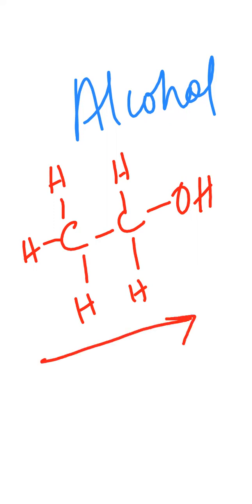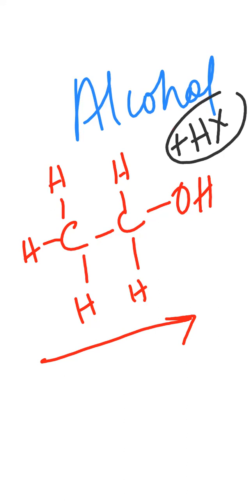I am reacting this alcohol with HX. X means halide. X could be chlorine, bromine, or iodine. So what will happen? This X will replace OH.